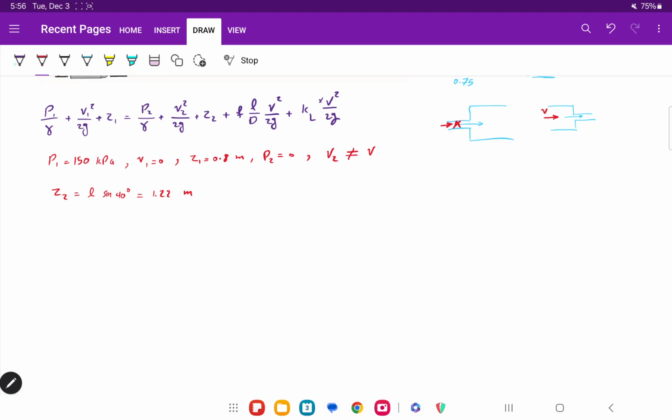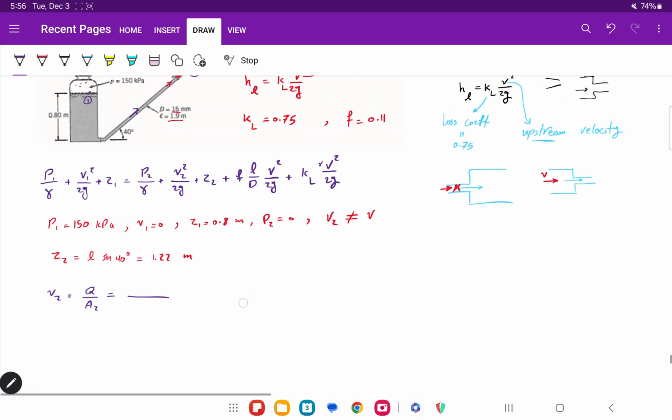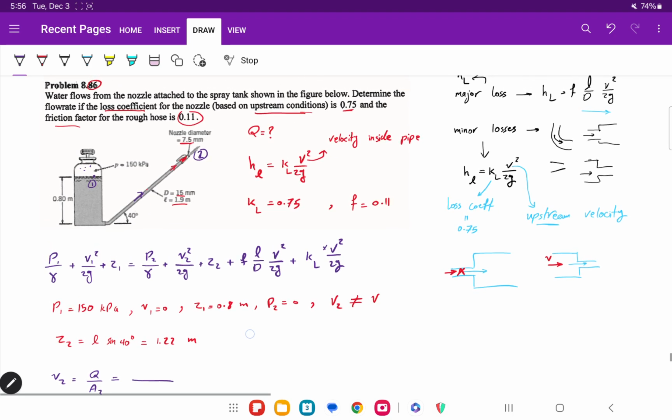Okay, now let us find the velocity. V2 equals Q over A2. Q we should find.